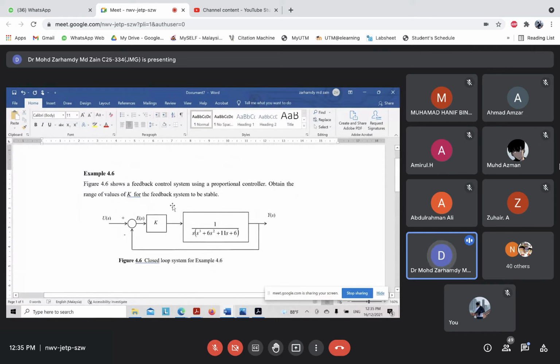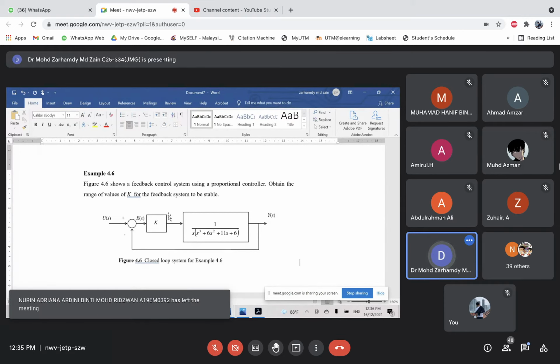Just now we estimated the value of our controller. This example is because we try to prove the concept of using RH to get the condition of our system.